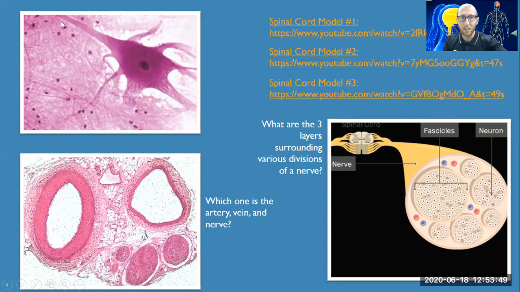The axon kind of goes off the page, but this is an intricate intertwining of many neurons that make up a nerve. So think of a nerve down here. You can see this long stretch of a nerve, but lots of different neurons make up that nerve itself.